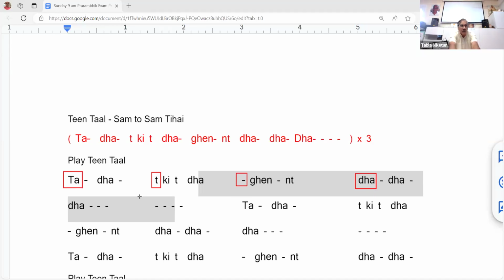So wherever I have a rectangle, those are the claps I should be able to see from you. Ta, a, dha, a, ta, ki, ta, dha, a, ge, in, ta, dha, a, dha, a. 1, 2, 3, 1, 2, 3, 4. That's what it was. Okay. You try again or come back a little later. I'll come back a little later.